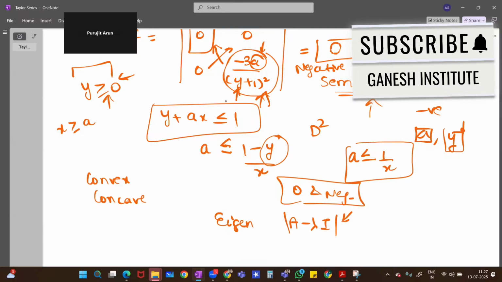Now, Y is given, which is greater than or equal to 0, but it is in the denominator, which will make it small. Y is in the numerator, no? No, Y is in the denominator. Oh, okay, right. The bigger the denominator, the lesser the fraction is, right? Yes. So this is one factor. And then about A: if you substitute y as 0, A is 1 by x.